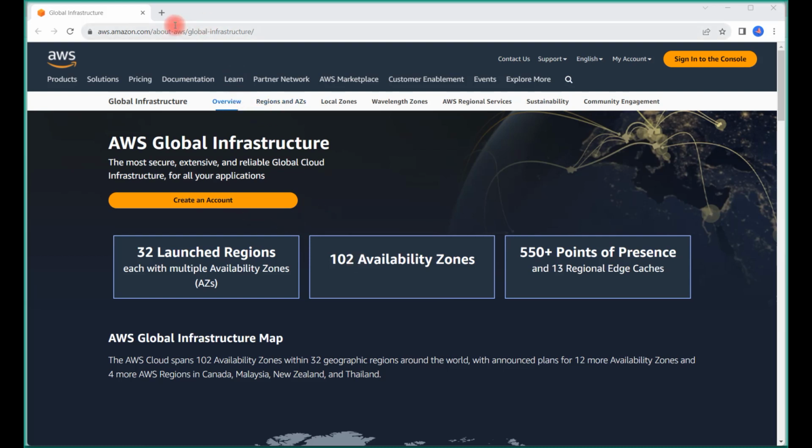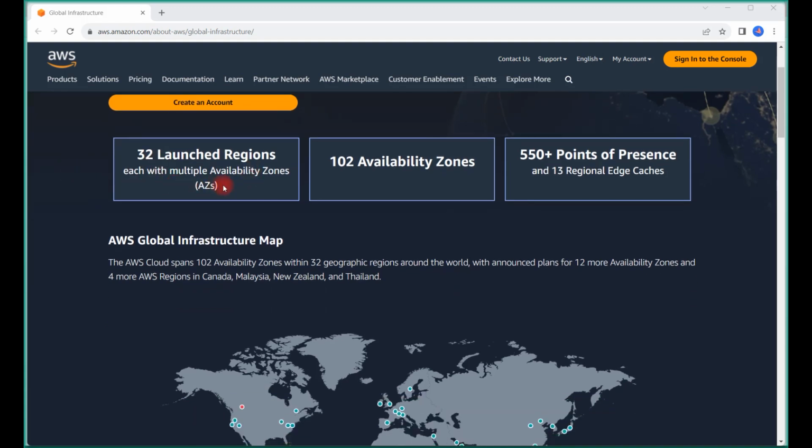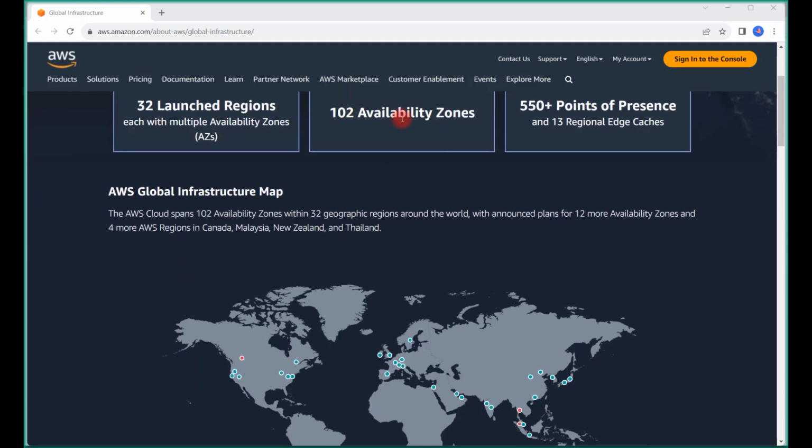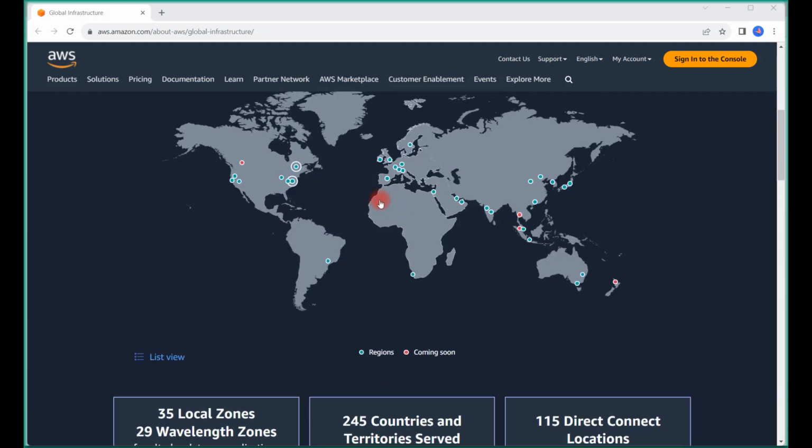You need to go to AWS Global Infrastructure. In the overview itself, you will see how many regions and availability zones they currently have, and you can even see them on the map. Here the green ones are the regions which are already launched. You can see the location, when it was launched, and the number of availability zones they have.